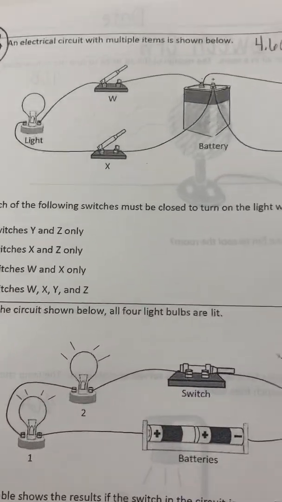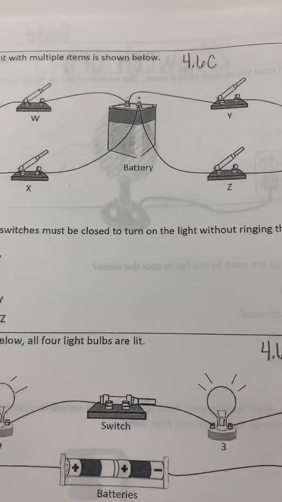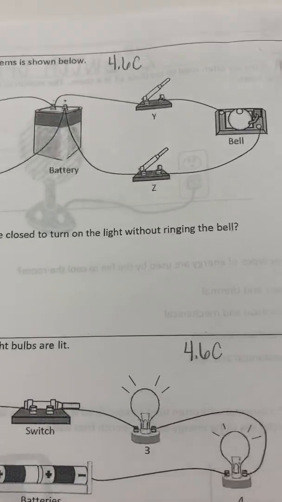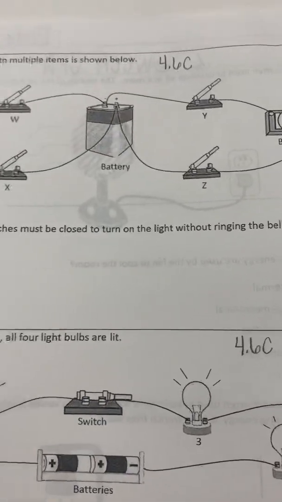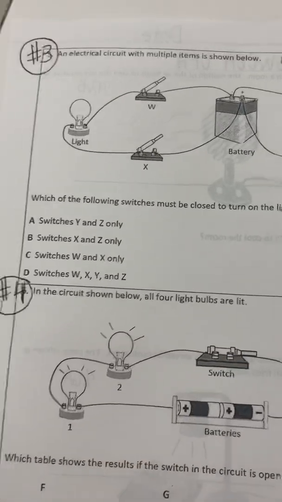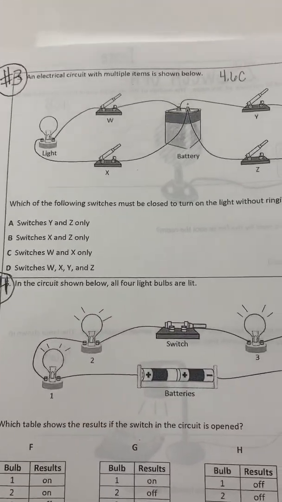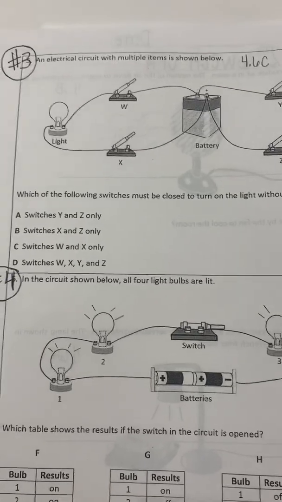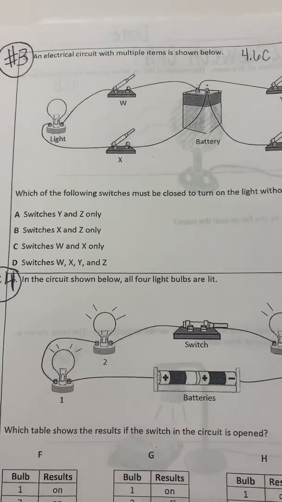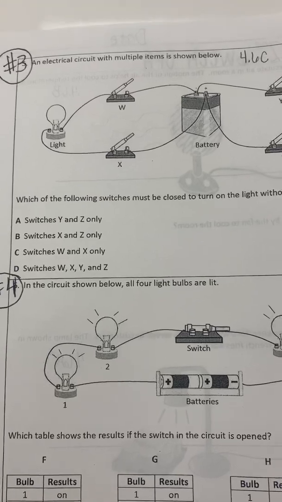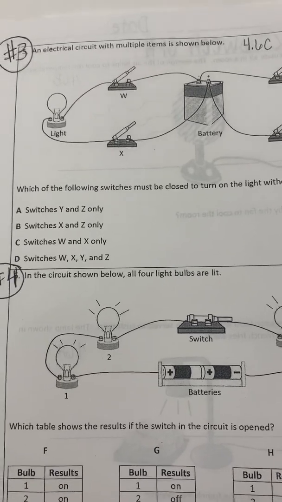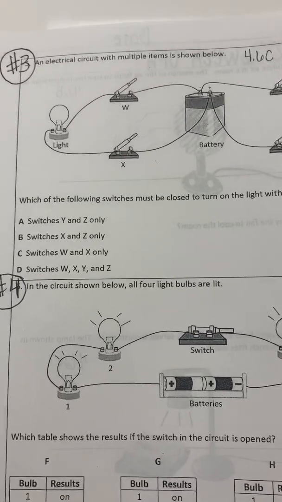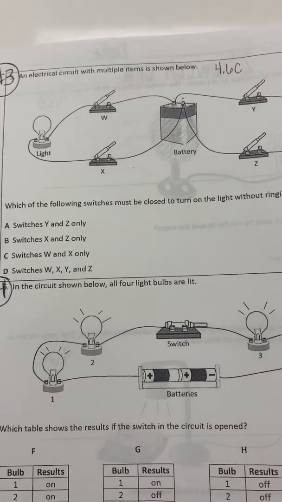Which of the following switches must be closed to turn on the light without ringing the bell? Is it A, switches Y and Z only, B, switches X and Z only, C, switches W and X only, D, switches W, X, and Y and Z?